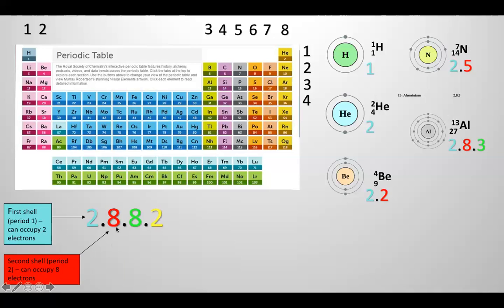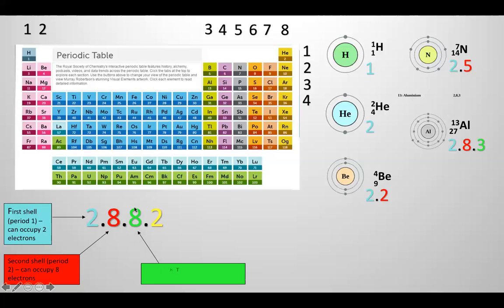So the second subshell will tell you that the element is in the second period of the periodic table. And as you can see, I've said that it can occupy 8 electrons, but you have to have filled this first subshell first. I can't stress that enough.